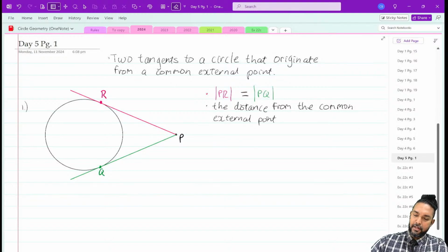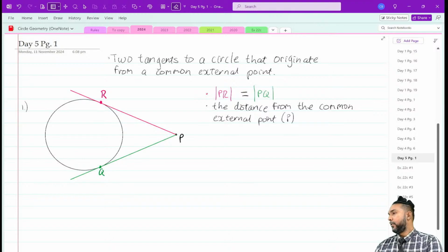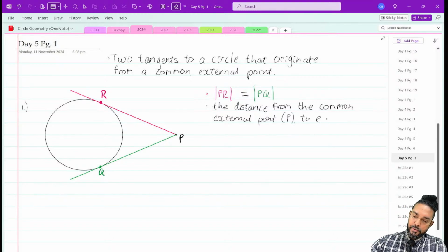That common external point being point P, to each point of tangency is equal.